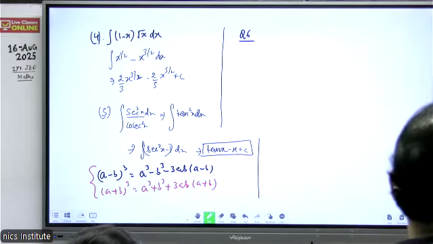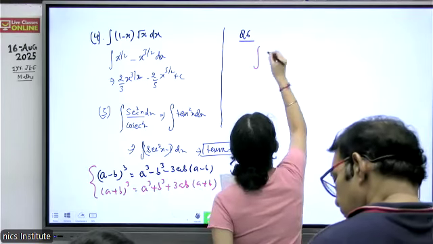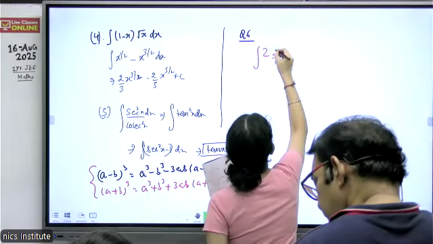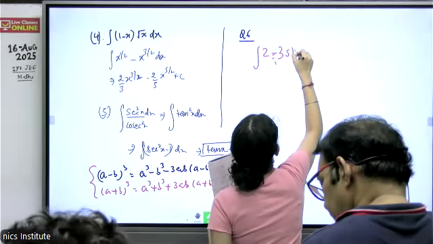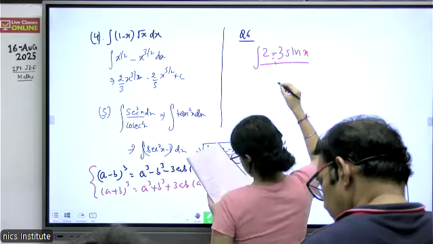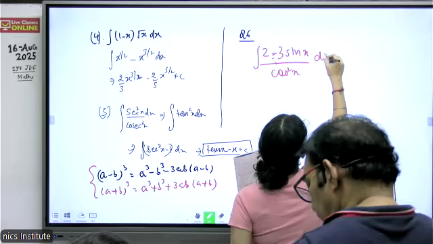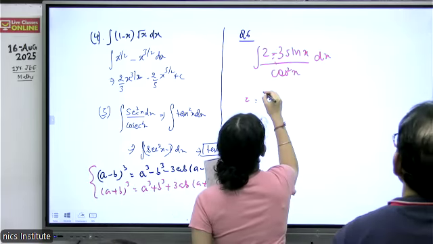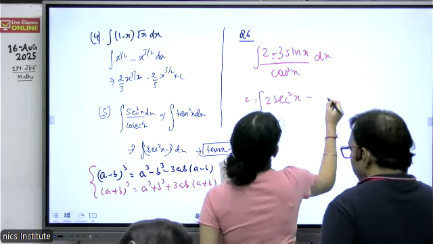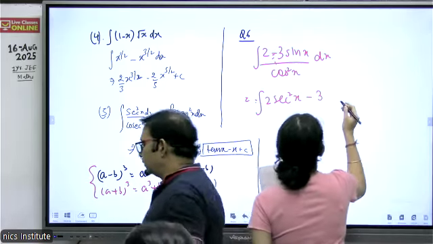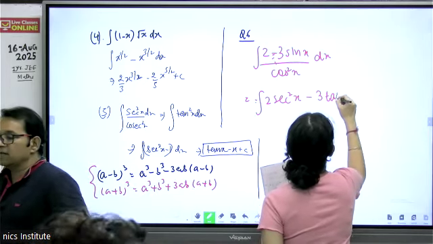Cut this. Dividing individually, so you get 2 sec square x minus 3 sec x tan x.